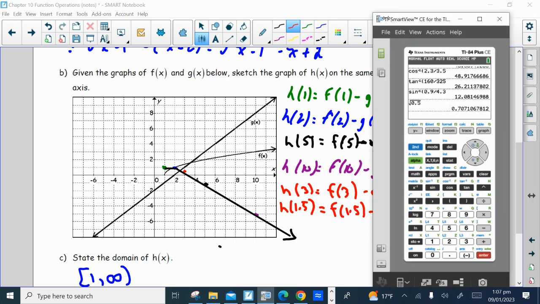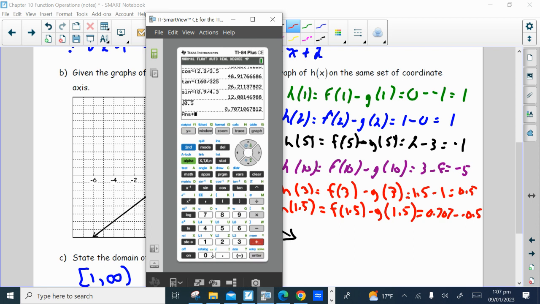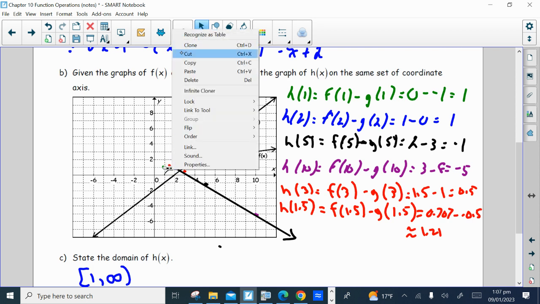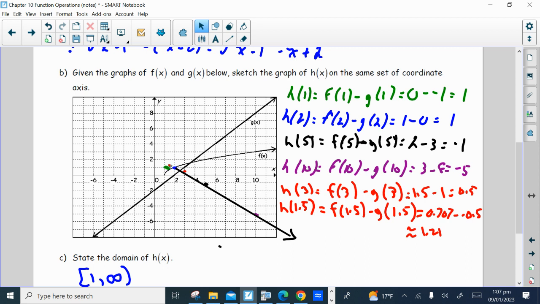So we're going to have 0.707 plus 0.5, which is approximately 1.21. So it did go a little bit higher. So this part of the graph actually comes up a little bit and then goes down.